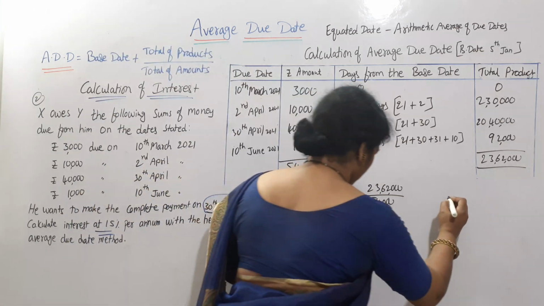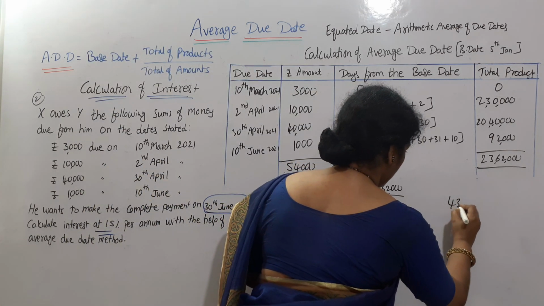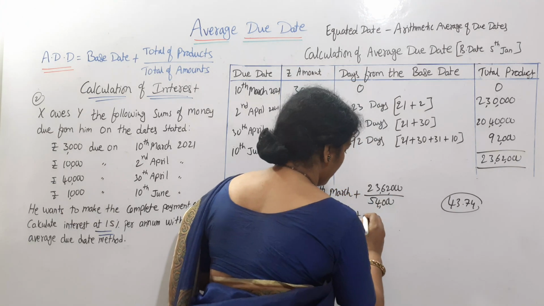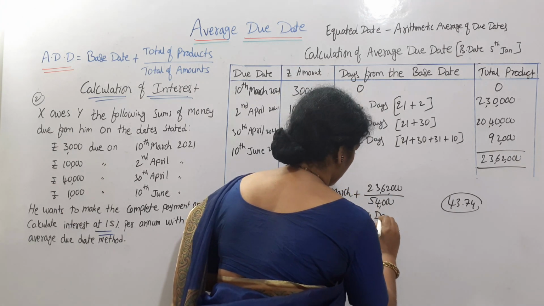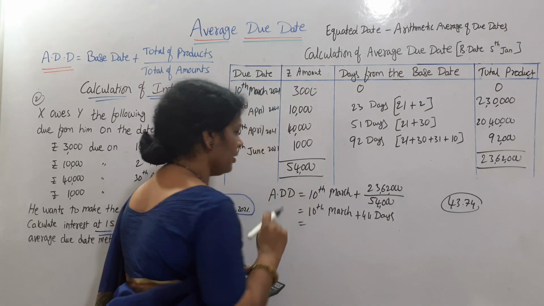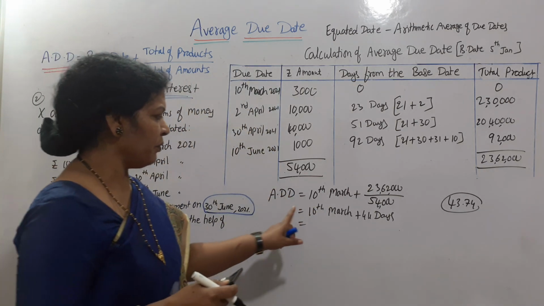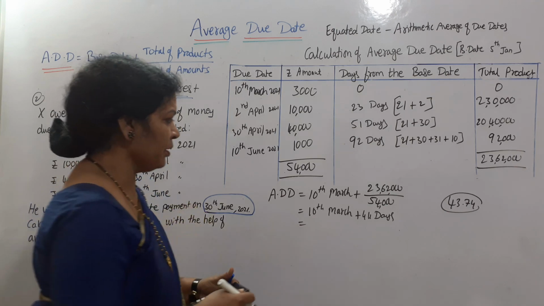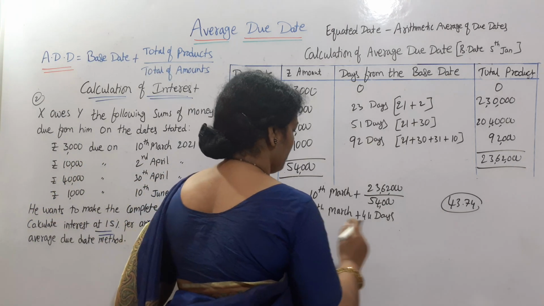So I am getting 43.74, which I am taking as a round figure of 44 days. I wanted to add 44 days to the 10th March. If I add, how many days are left to complete March? 21 days.